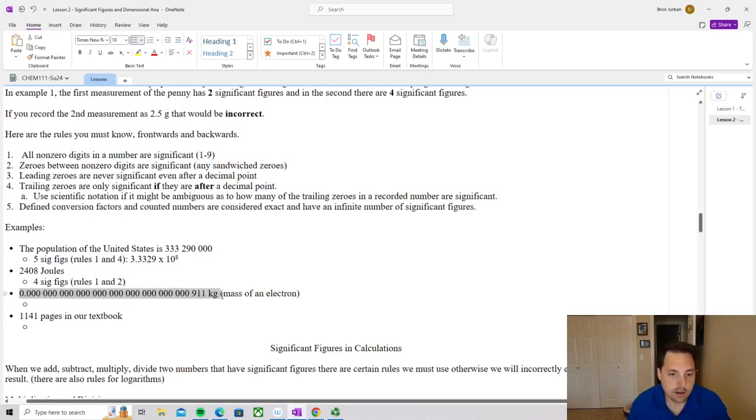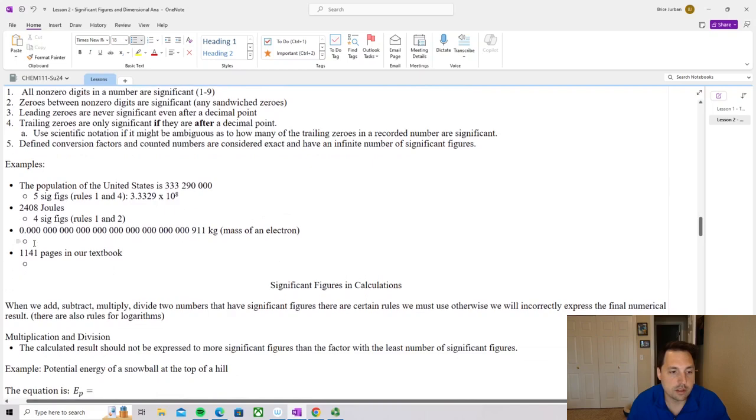Okay, and then here I have the mass of an electron. The mass of an electron is really, really small. We could rewrite this in terms of scientific notation. Oftentimes I'll group these zeros like it is in the textbook in groups of 3, so it's easy to count.